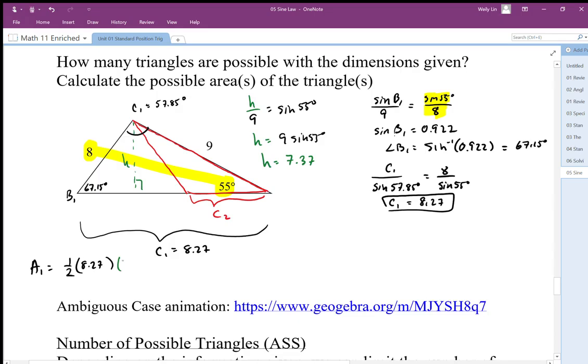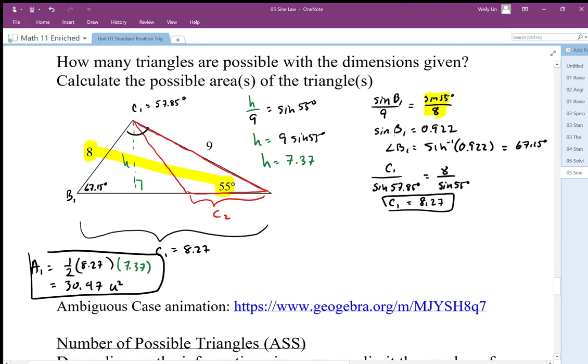The height for both triangles is the same, 7.37. With all this rounding, we're going to be off a little bit. The area of the black triangle works out to be approximately 30.47 units squared.